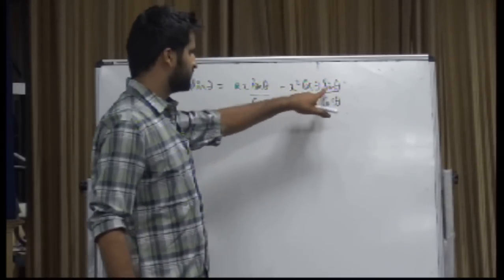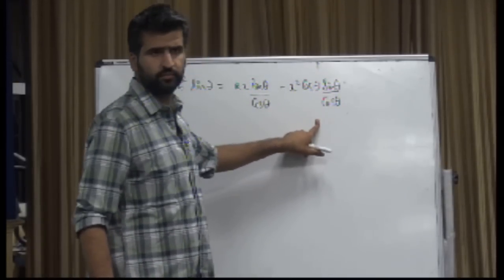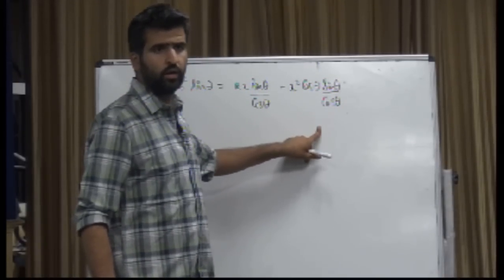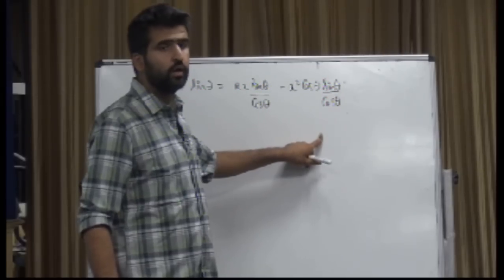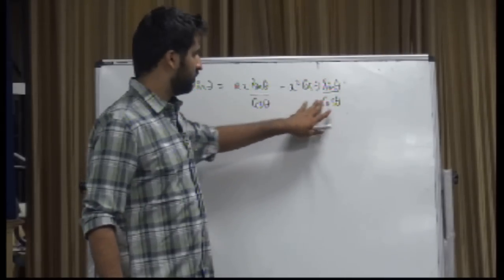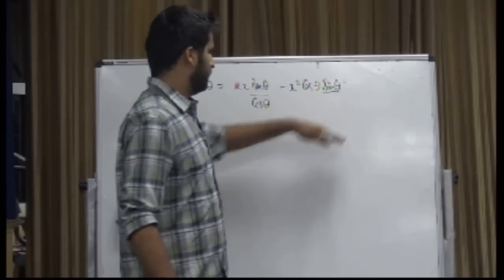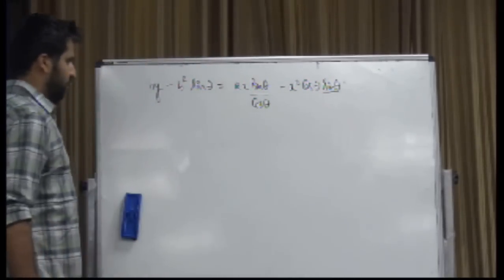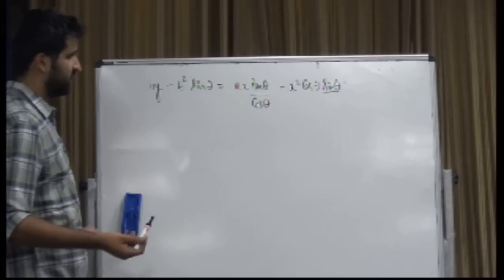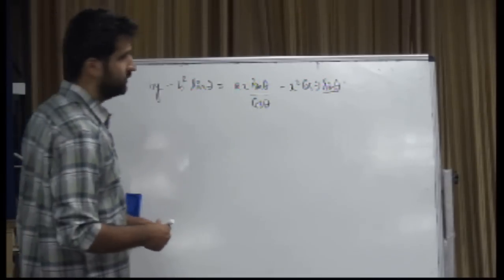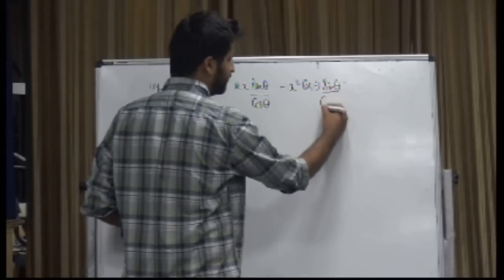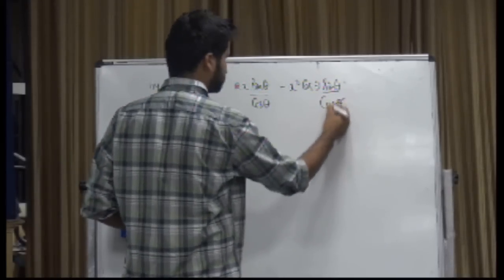Minus a square cos theta into sin theta upon cos theta. No cos theta here. Okay. What will cancel out? You're getting cos theta over here, right? Okay.